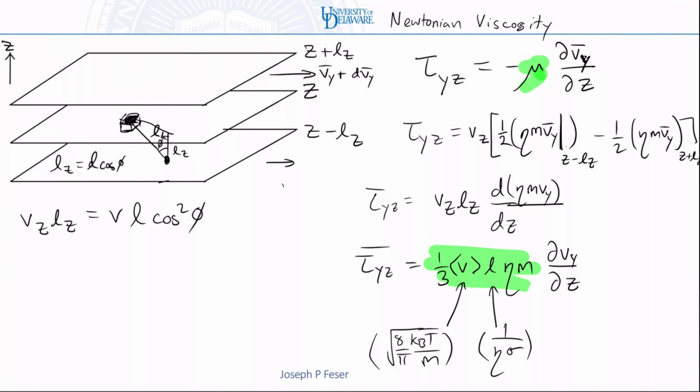And again, one of the key features here that I'd like to point out is that the number density actually cancels.